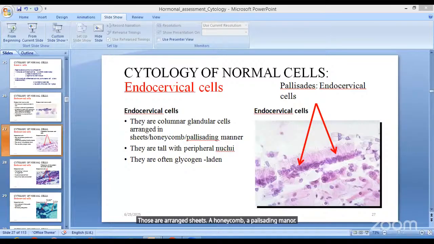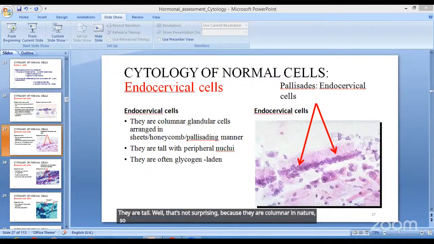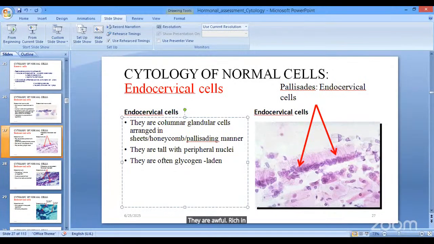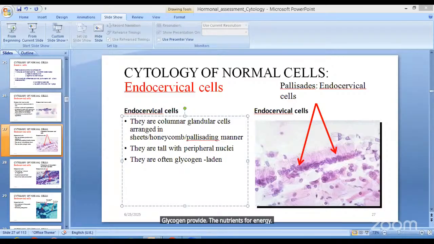They are tall, which is not surprising because they are columnar in nature. They have peripheral nuclei. They are often rich in glycogen, so they are glycogen laden, and glycogen provides the nutrients to provide energy for the activity of the cells.